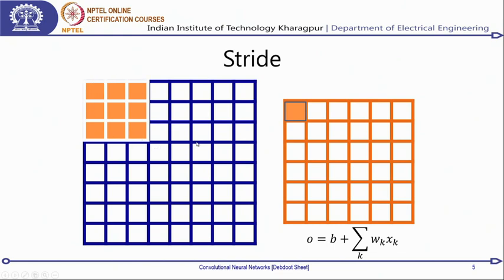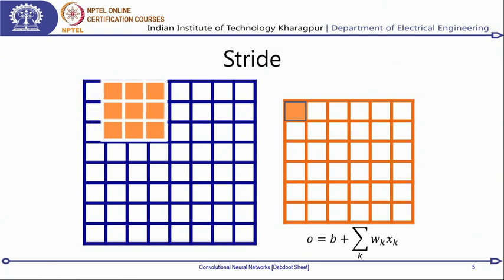If wk is the weight at the kth location on the kernel, and xk is the value of the pixel at the kth location, somewhere over here, just the pixel underneath, then my output of the convolution is defined in this form: a dot product of wk and xk summed with a bias, and this bias is independent of where I am sliding this convolutional window. Now this is for my first location.